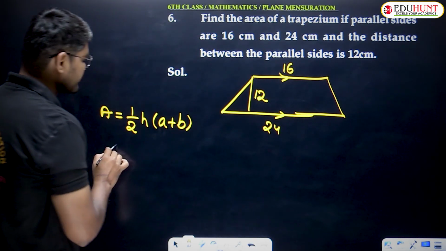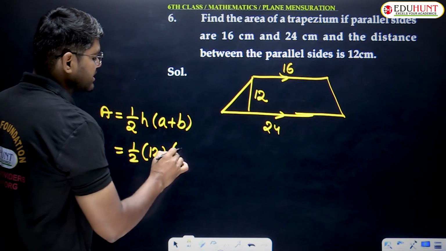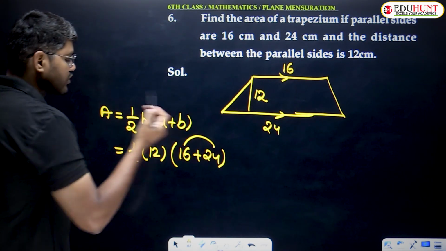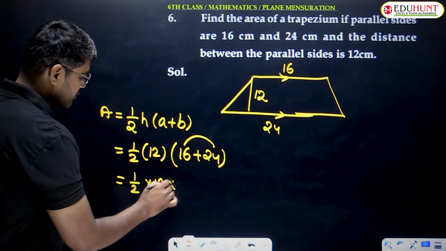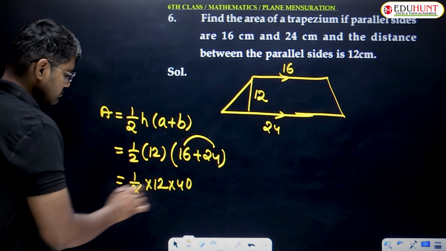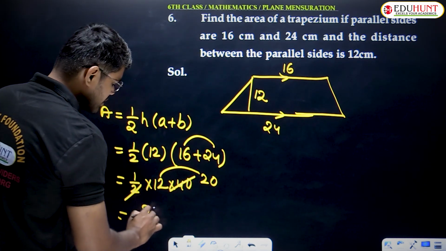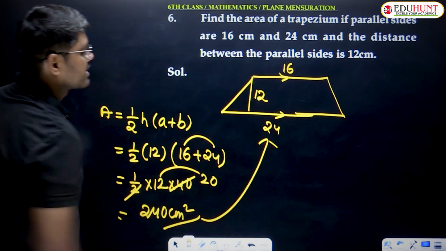H is distance between two parallel sides, so that is 12, and a is 16 and b is 24. So 24 plus 16 is 40, half into 12 into 40. Two ones are two, two twenties, 12 twos are 24, 240 centimeter square is the area of this trapezium.